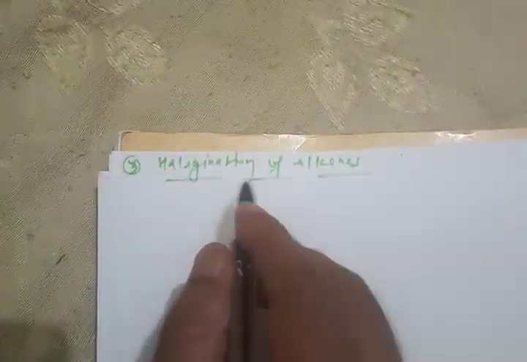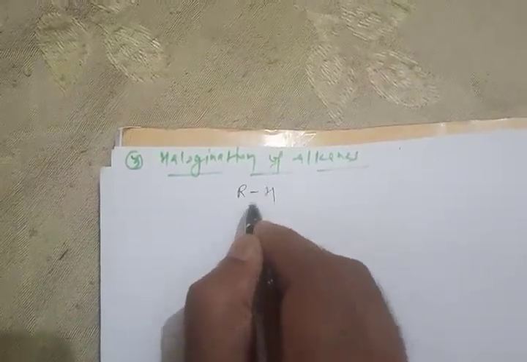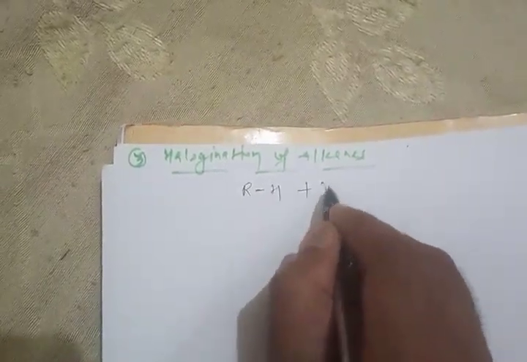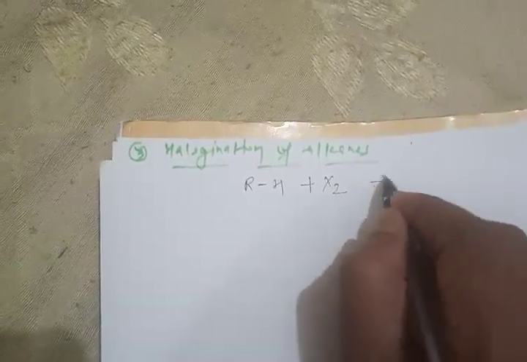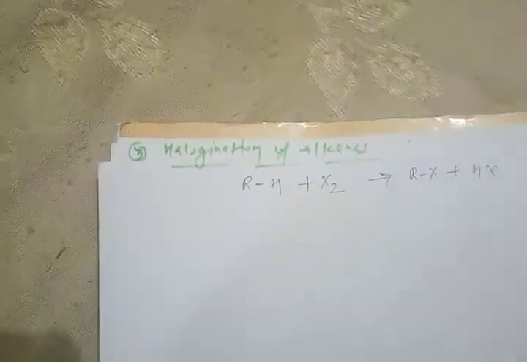We have an alkane compound and we give it halogens, so this will give you alkyl halide. The general reaction is the alkane RH with halogen, which gives RX plus HX, the alkyl halide.